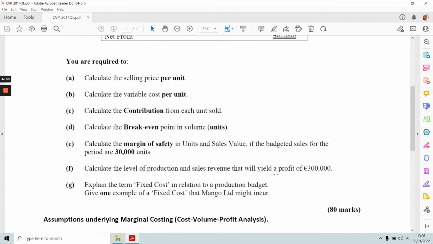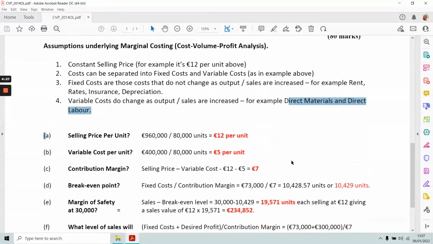So, to answer the question, part A, calculate the selling price per unit. Well, if you go through that there, you're getting a sales revenue of €960,000 from 80,000 units. That implies that it's a selling price of €12 per unit. Your variable costs are 400,000 over the same 80,000 units of sales. So that implies that they are €5 each.